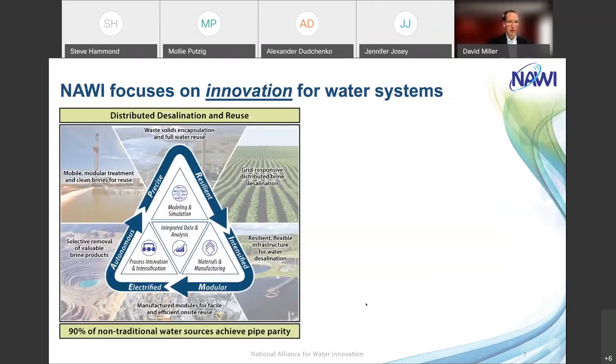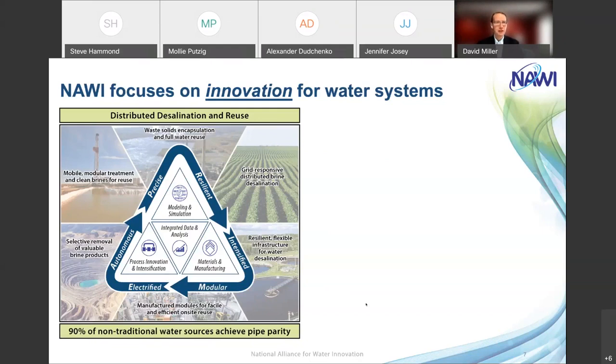So NAWI itself focuses on innovation for water systems, and the graphic here on the left shows the A-prime approach that NAWI is taking to develop innovative approaches for water treatment, as well as in the background a number of the different applications that NAWI is focused on.